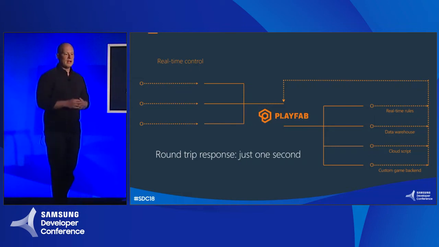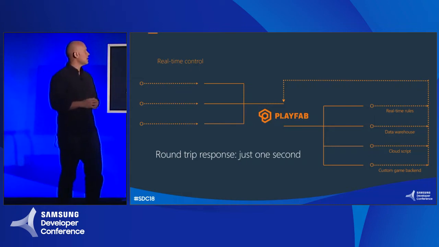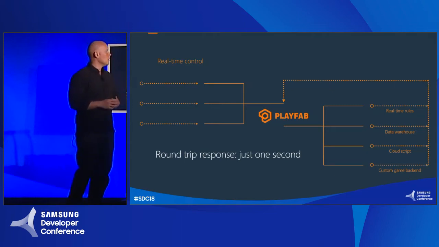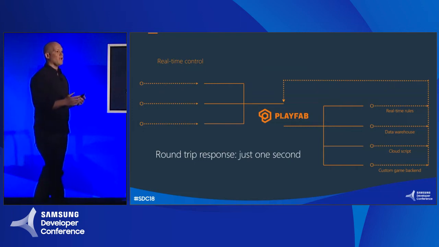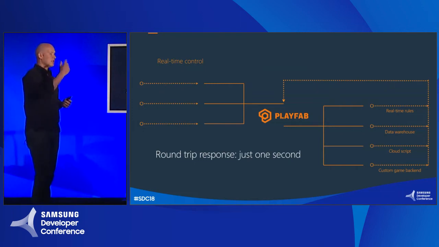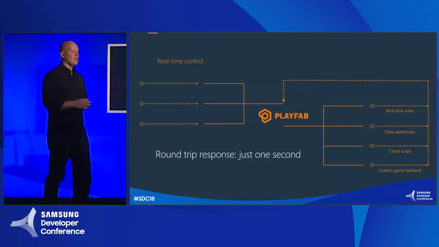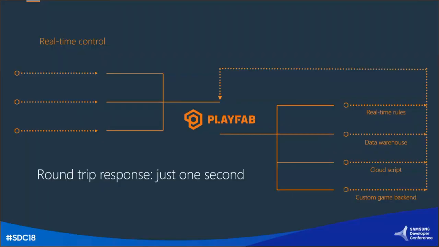It's all based on APIs, and you can get the same data that we're using in the same round trip of about 1 second. That's 1 second from an event firing within the game, to PlayFab understanding that event, to taking whatever action you want within the game. As I said, we'll look through this in more detail.